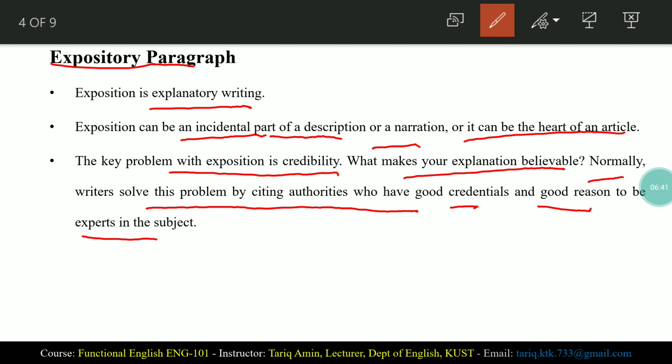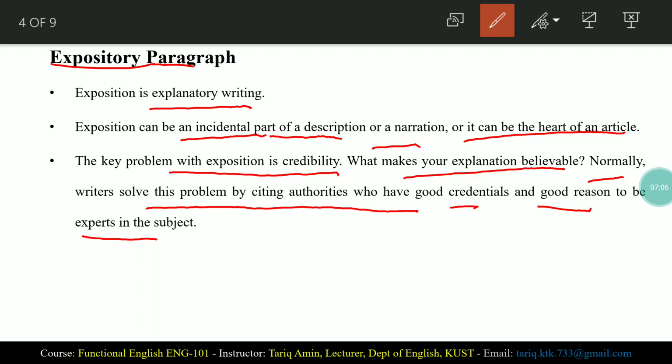For example, if you are from the Department of Microbiology and you explain a particular idea, let's say you explain cell, in order to support your idea or support your sentence, you need to cite different authorities in microbiology or in the very area of cell.